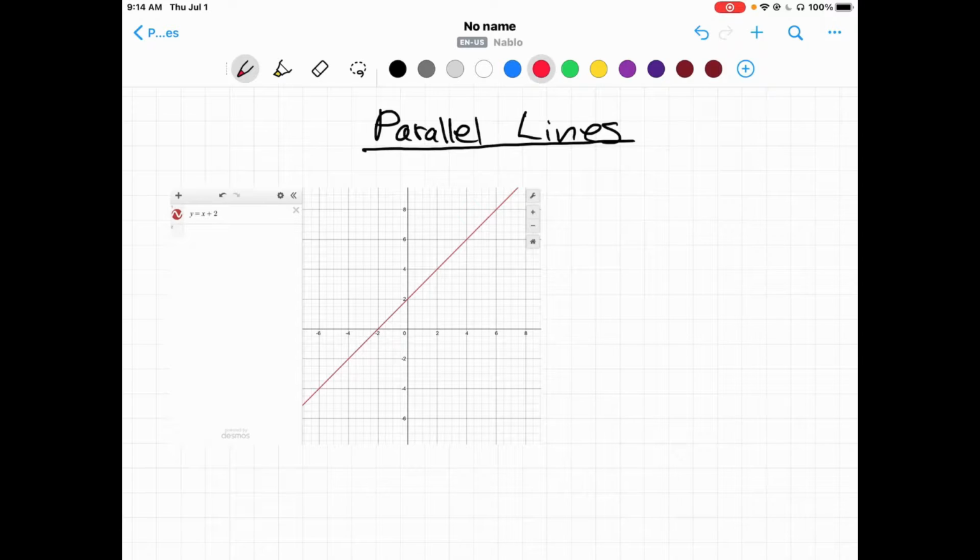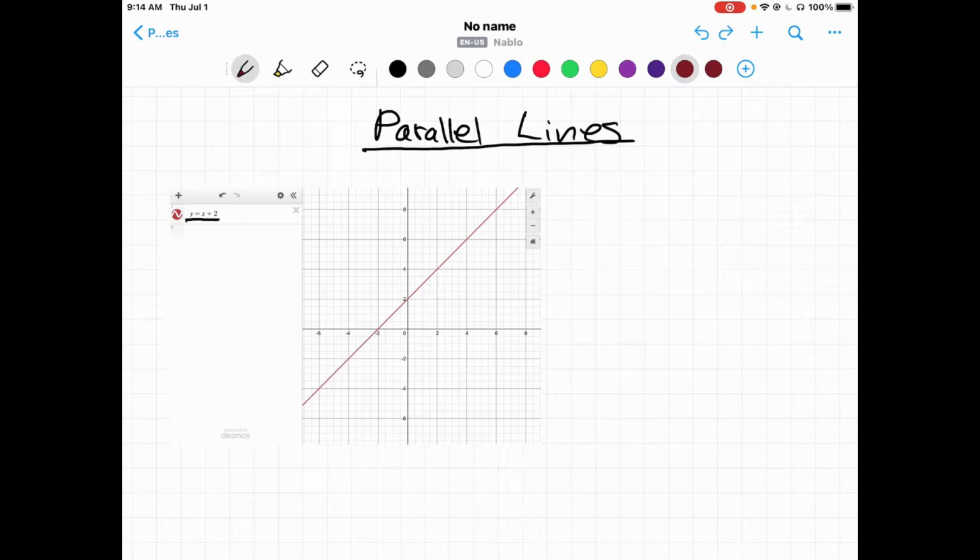Okay, so let's start off with parallel lines. We're given this linear equation, which is y equals x plus 2, and as you can see, it is graphed right here. Y equals x, and the plus 2 shifts it up 2, and that's why the y-intercept is here at 2. Now, we're going to find a parallel line to this equation, and you might be wondering how.